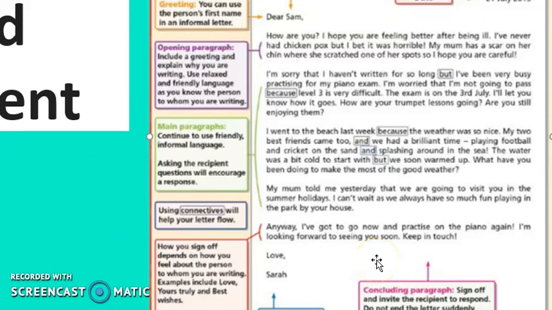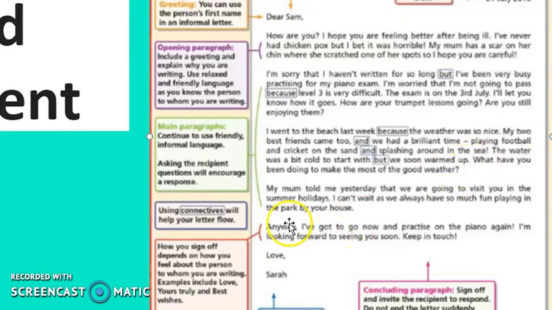Remember that this is a letter, so maybe you are answering a previous letter they sent you. But here, you write something, you give information, and then you ask for information back. Okay, so it's important that you write questions as well, so you can get a reply from the recipient.